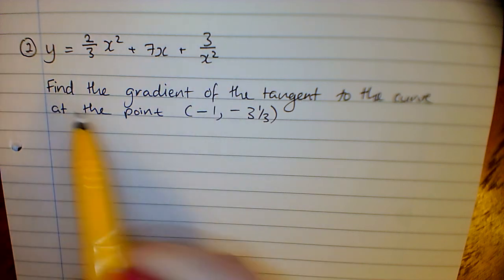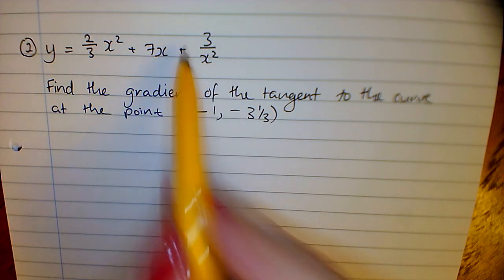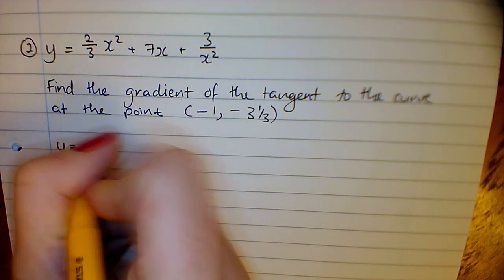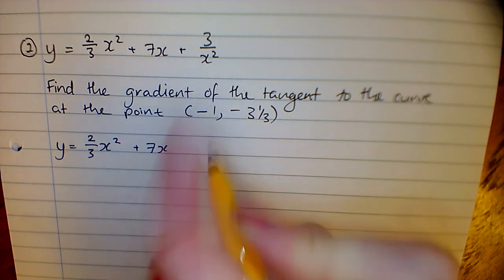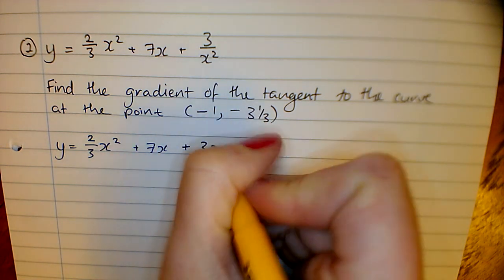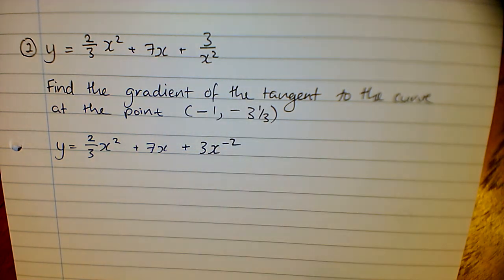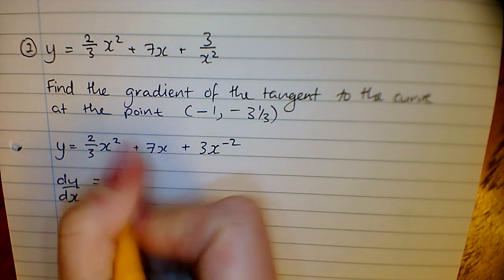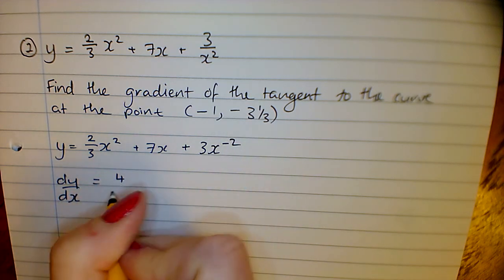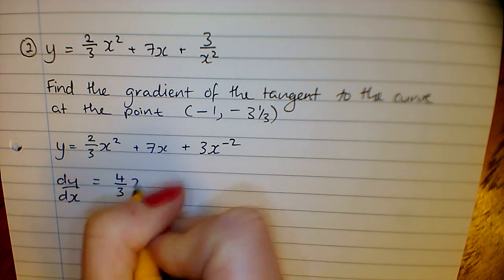So we want to rewrite our equation, changing our last term into the proper format to differentiate. So we bring the x squared up and it becomes plus 3x to the power of minus 2. Then we differentiate. So 2 times 2/3 is 4/3.